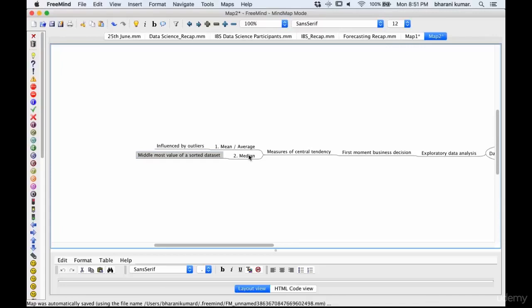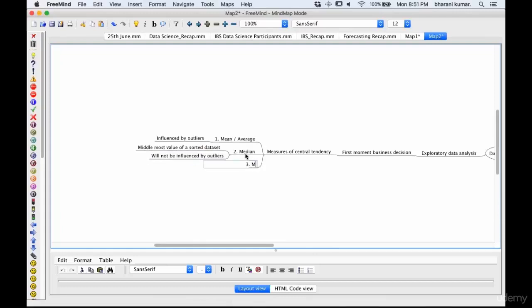Perfect. And median will not be influenced by outliers. And then we have mode.